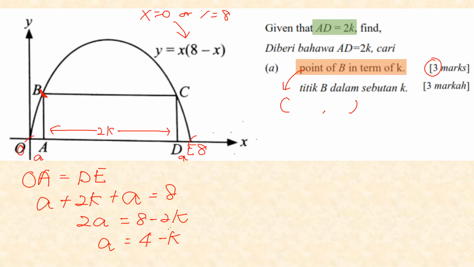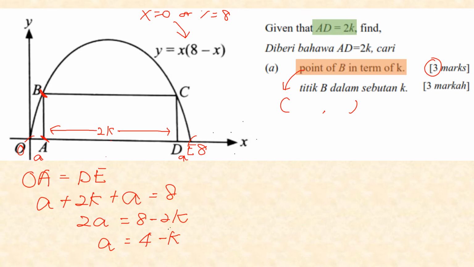So how do you go on from here? Now let's check the following. Where is a and what is a? a is the distance from O to A. So meaning that the coordinate for capital A is written as (0, 4 minus K).